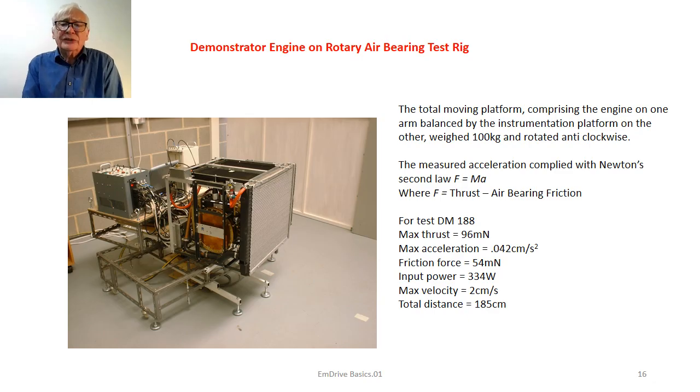The friction force involved was 54 millinewtons. The power we were putting into the thruster itself was 334 watts. Maximum velocity we achieved was 2 centimeters per second. And the total distance we flew, because we like to think that it was actually flying on the air bearing, was 185 centimeters, which is a couple of rotations of the test rig.